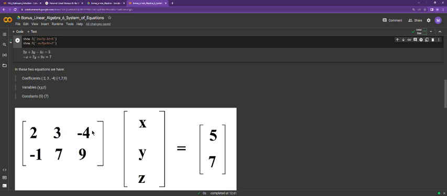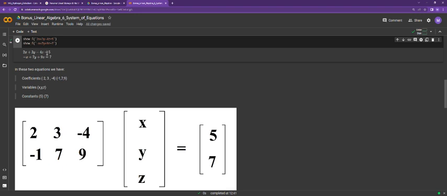A dot product would produce this row multiplied by the elements of this column, element by element, following the general dot product format. So 2 times x, 3 times y, minus 4 times z. And from our formula, we know that it's 5. So 2x plus 3y minus 4z equals 5.